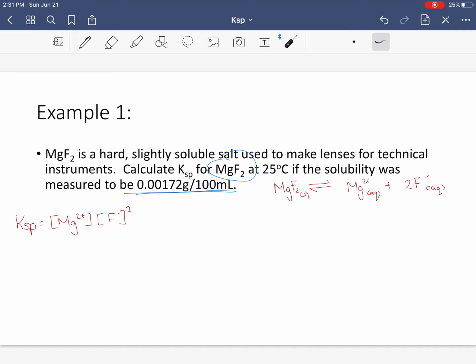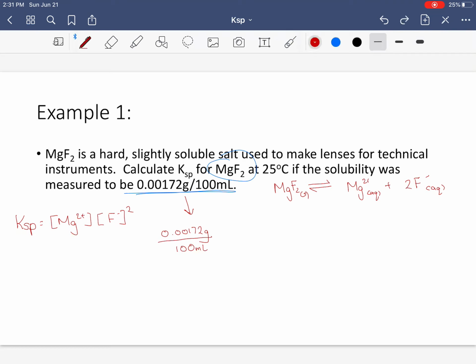So let's do that right now. Given 0.00172 grams per 100 milliliters, you can easily change that to molarity, and by changing it to molarity, you can find out what these guys are, because that's not hard to find.